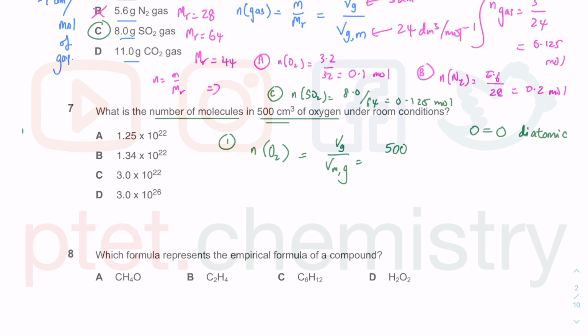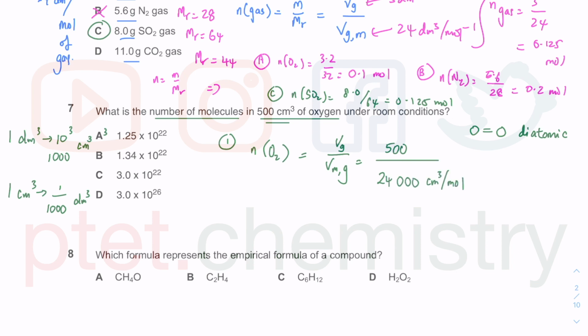We can either convert dm³ to cm³, there's 10 to the 3 or 1000 cm³, or we could convert cm³ to dm³ by dividing by 1000. Instead, I'm going to multiply the molar volume by 1000 and get 24,000 cm³ per mole.